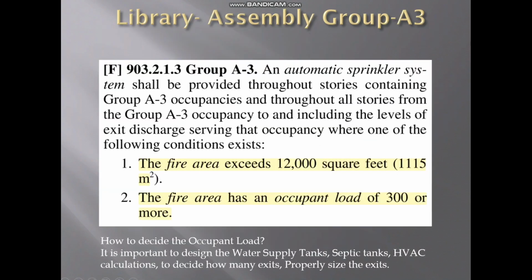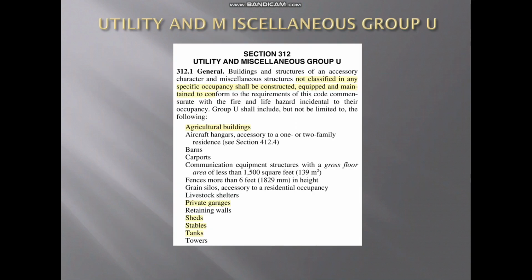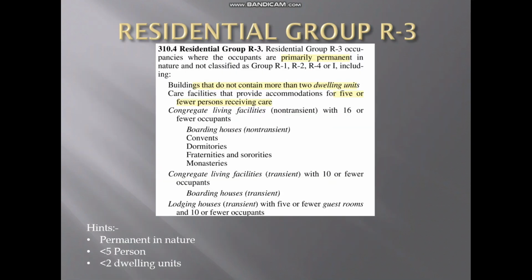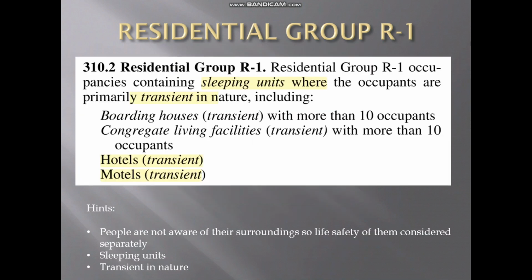Okay, an apartment building means we know that it's a residential group, but there are residential groups 1, 2, 3, 4, 5. So we have to decide under which residential group it comes. If you go to residential group 1, it's transient in nature. So this is not a permanent sleeping unit. So of course it will not come under R1.